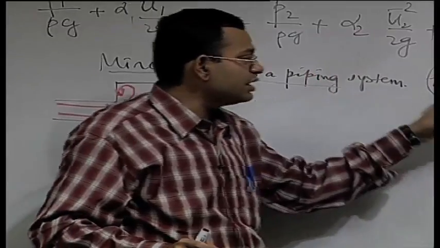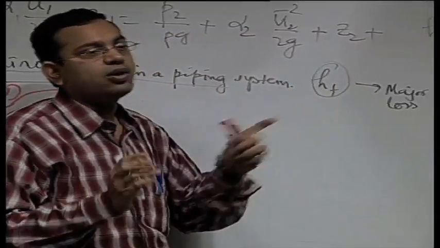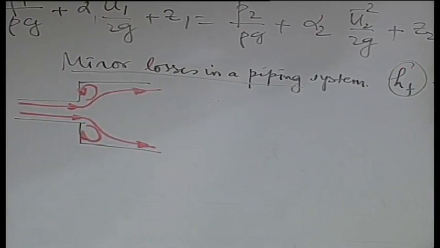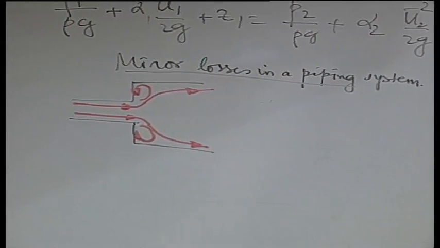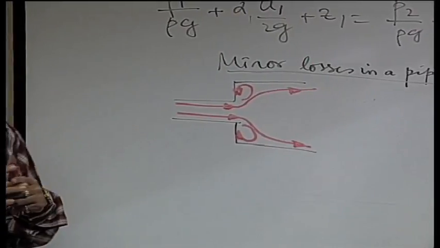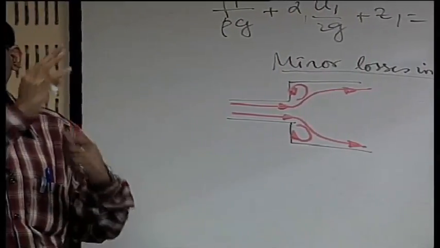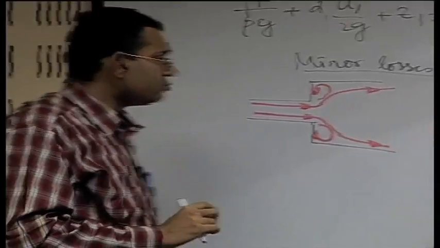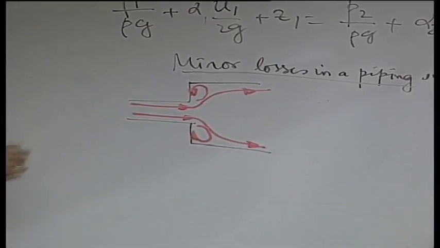So the reason for naming it the major loss is that this loss will always be there. Minor losses may or may not be there depending on what fittings are in a piping system. But if they are there, sometimes they are much more important than the major loss. So the relative importance need not be misunderstood. We will look into some examples which give rise to minor losses.